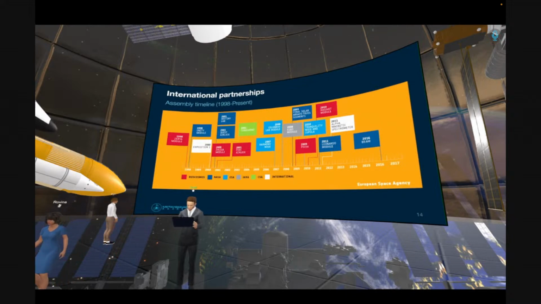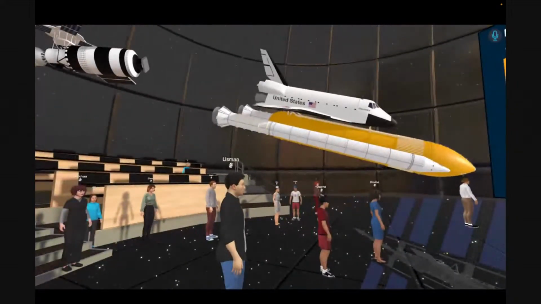And the third component from Russia is called Pirs. It's an airlock that allows people to go outside of the space station. Then came later in 2009 and 2010, research modules called Poisk and Rasviet.